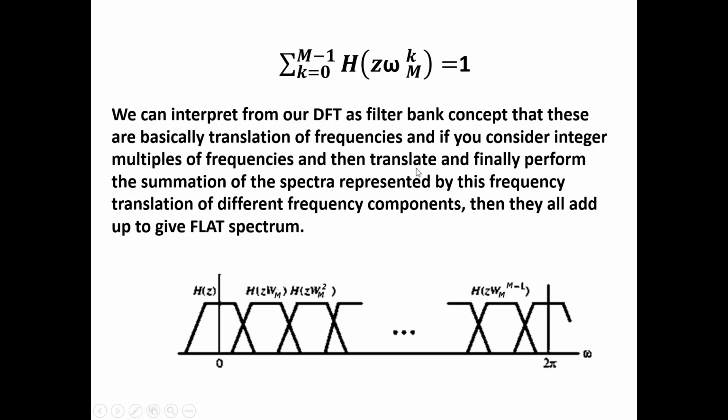If you consider integer multiples of frequencies, translate them, and finally sum the spectra of all the translated frequency components, they all add up to give a flat spectrum, because this sum is constant.